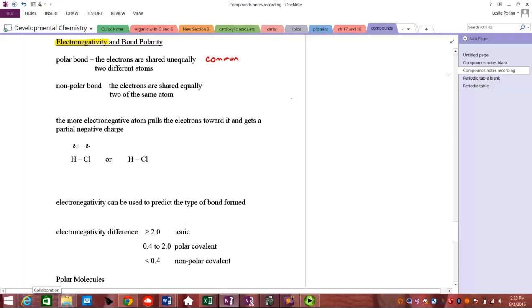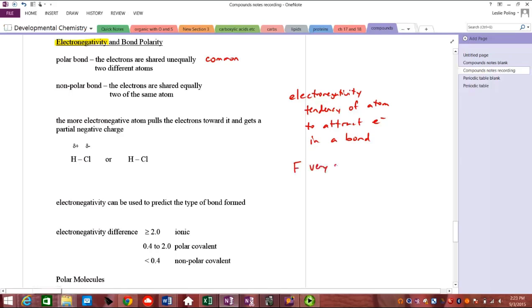Okay? And what electronegativity is, a long word to spell, but it's the tendency of an atom to attract electrons in a bond. Okay?